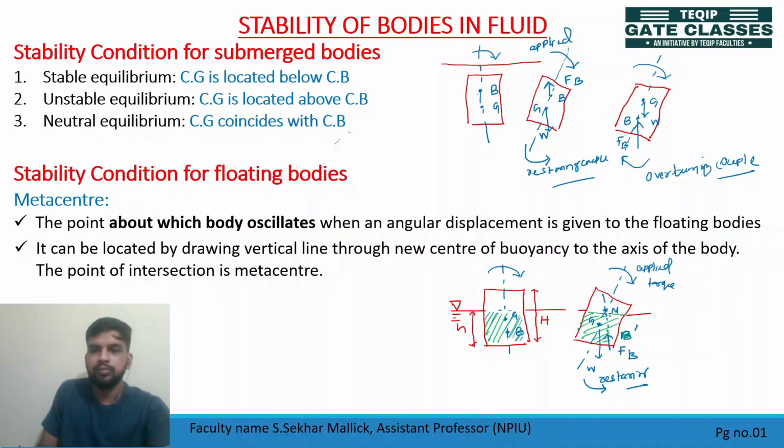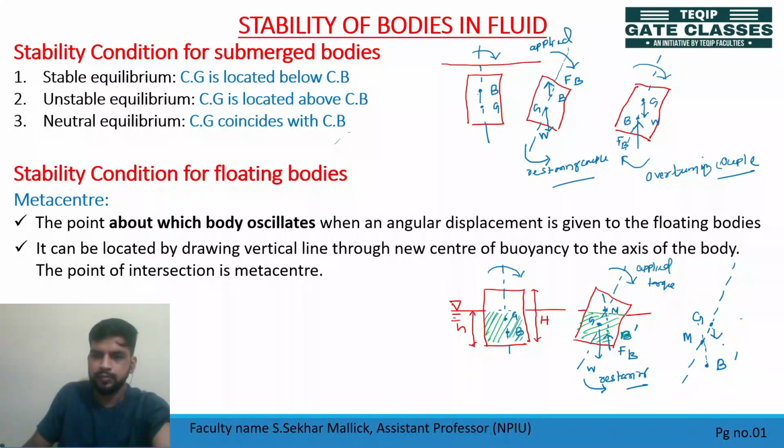For stable equilibrium, the metacenter should be above the center of gravity. Now, suppose this is the axis of the body, and this is your CG of the body, G, and the metacenter lies below the center of gravity. That means the center of buoyancy will be somewhere here, B dash, that's why the intersection is going here.